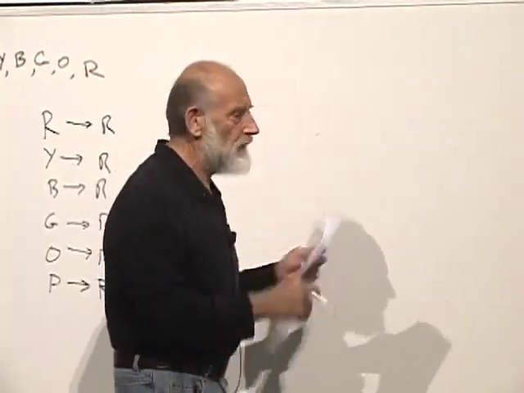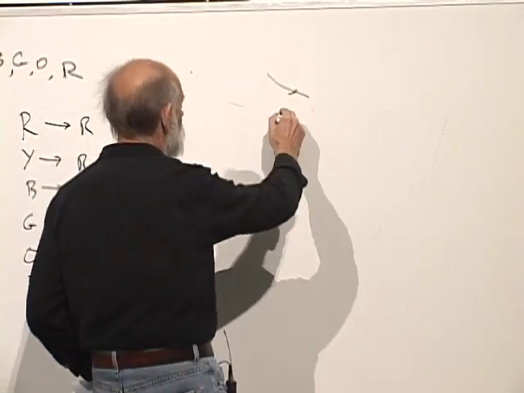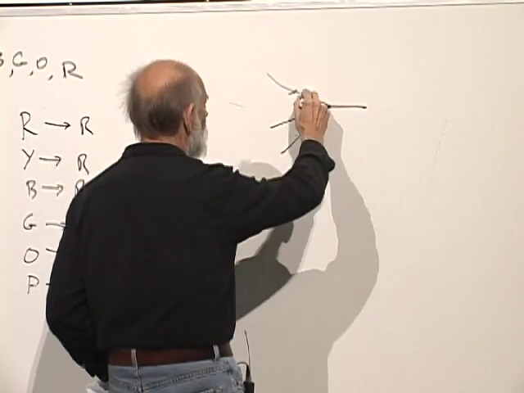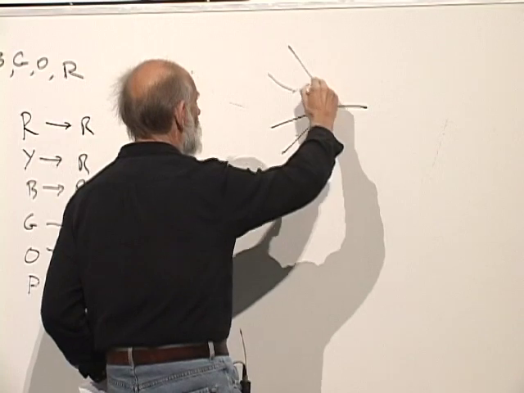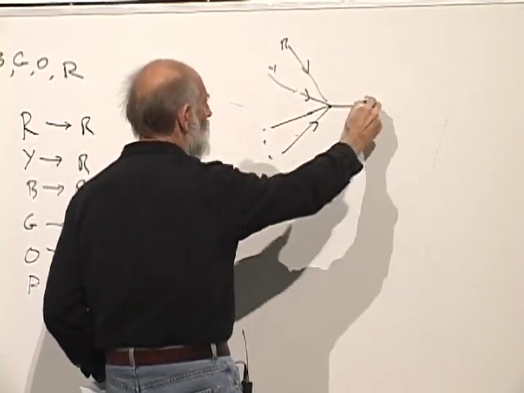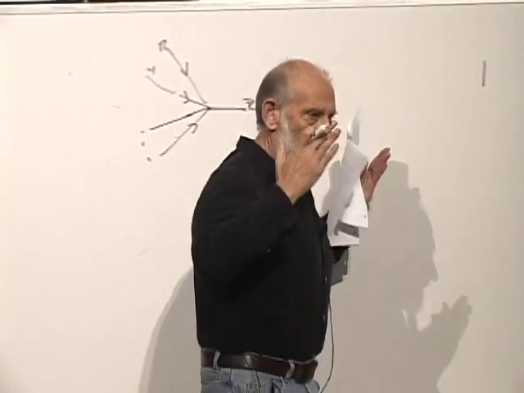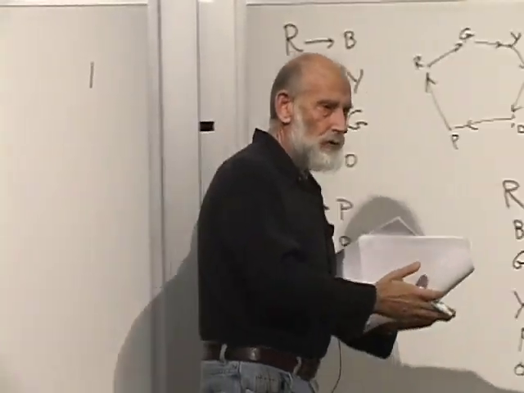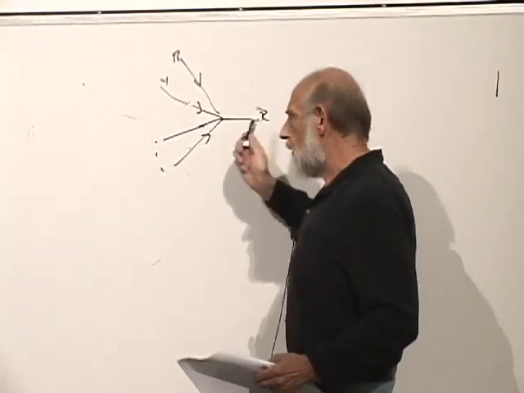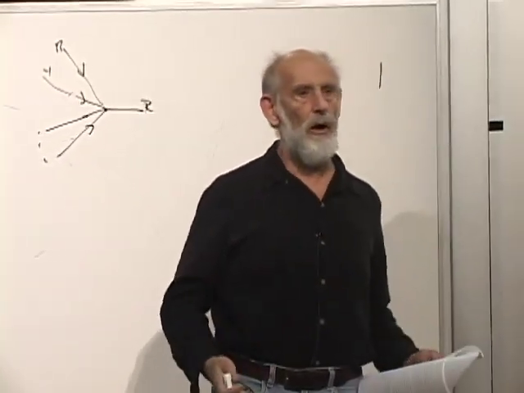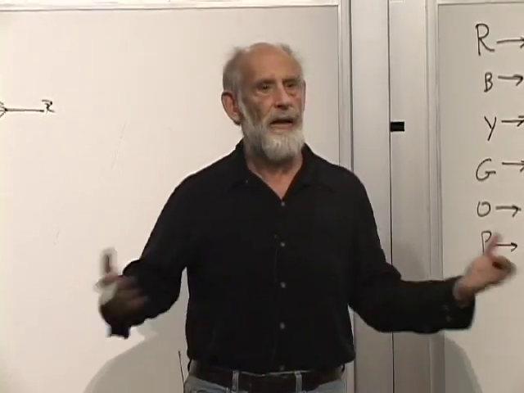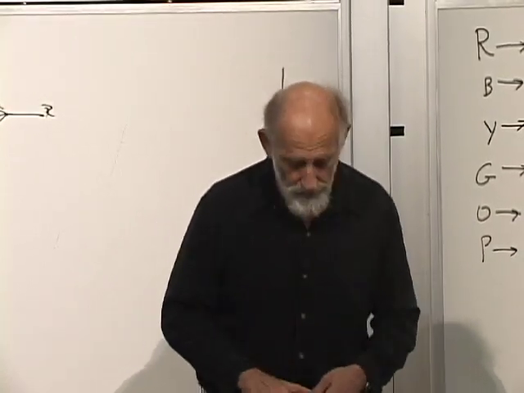Obviously what happens here is the different trajectories all merge. They all merge and come together with red. No matter what you start with, red, yellow, whatever, you get out red. So in this case, the trajectories just merge together, and because they merge together, initial distinctions are lost. You can call that loss of information, you can call it loss of distinctions, you can call it the violation of the conservation of information.